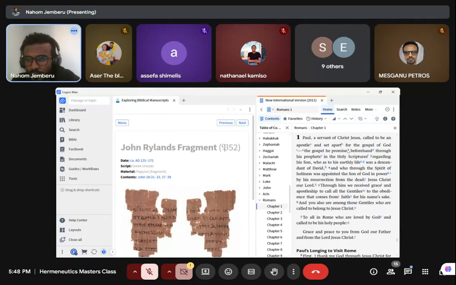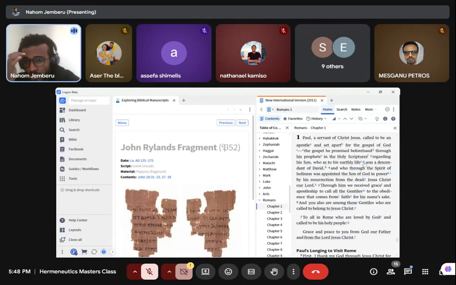In verse 2, I believe, you see that it tells you that some manuscripts read this specific place as "who according to the flesh."